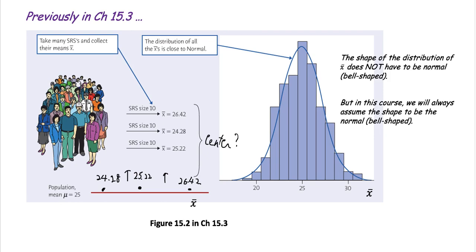So we can ask about what's the center of all these numbers, or we can ask about what's the variation of all these numbers? How far off these numbers are from the center? So these are the two things that we will focus on in chapter 15.4.